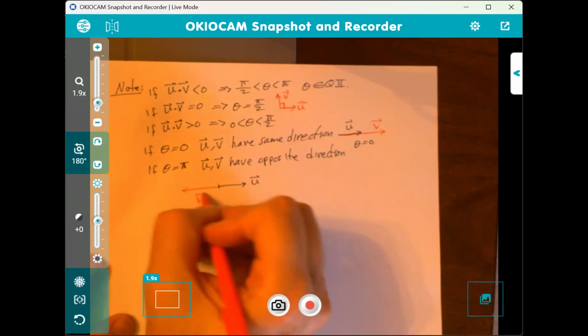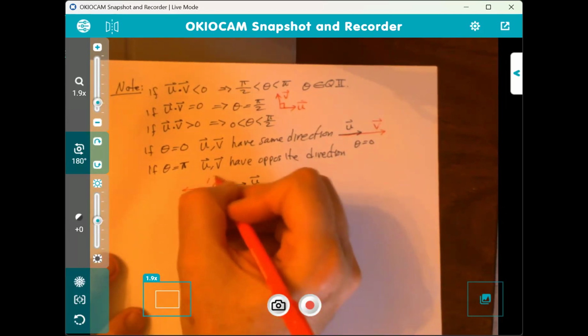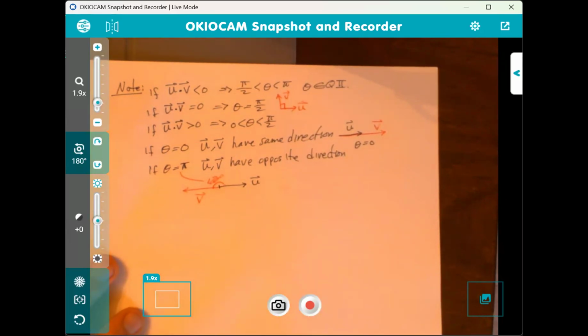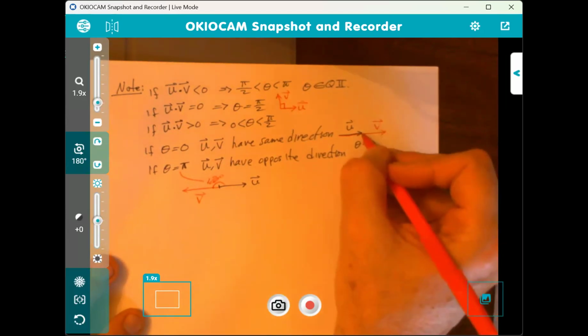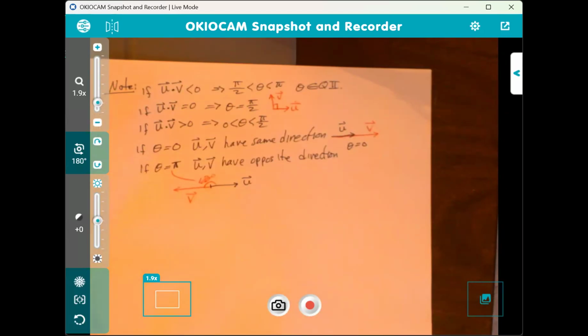This is going to be vector v, to where the angle between them is 180 degrees, or pi. For the one I have here, the angle is 0 because they're going alongside each other. So again, hopefully everybody's okay on that one.